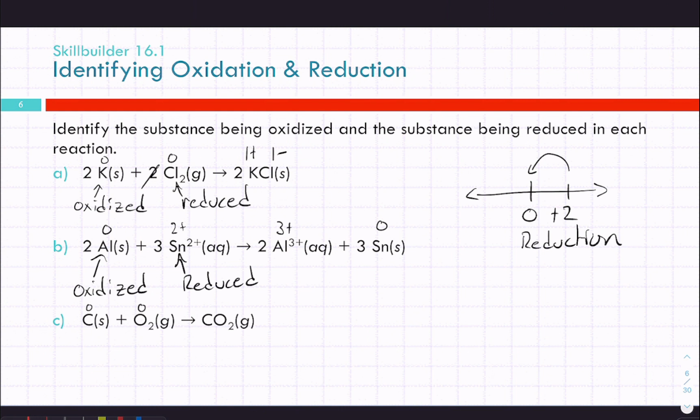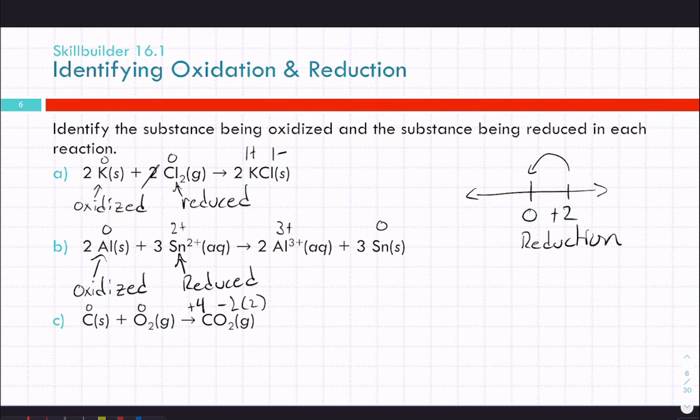So I have to give you here that oxygen has an oxidation state of -2, and carbon is +4. So each of these oxygens is a -2, and there's 2 of them. So their oxidation states do balance, just like our ionic charges balance in ionic compounds.